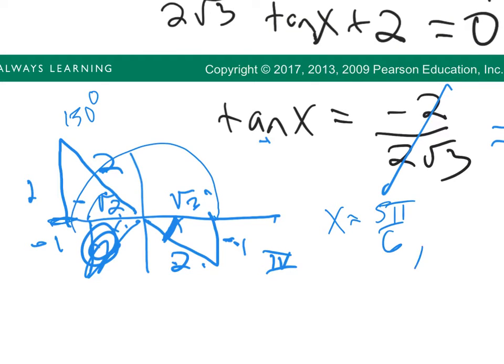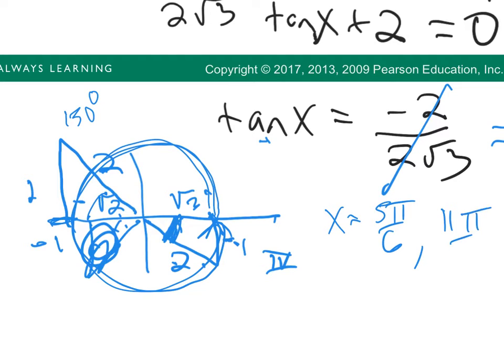And the other answer is, this is 12 30-degree angles, because 12 times 30 is 360. So that must mean 12 pi over 6. Take away 1, 11 pi over 6.